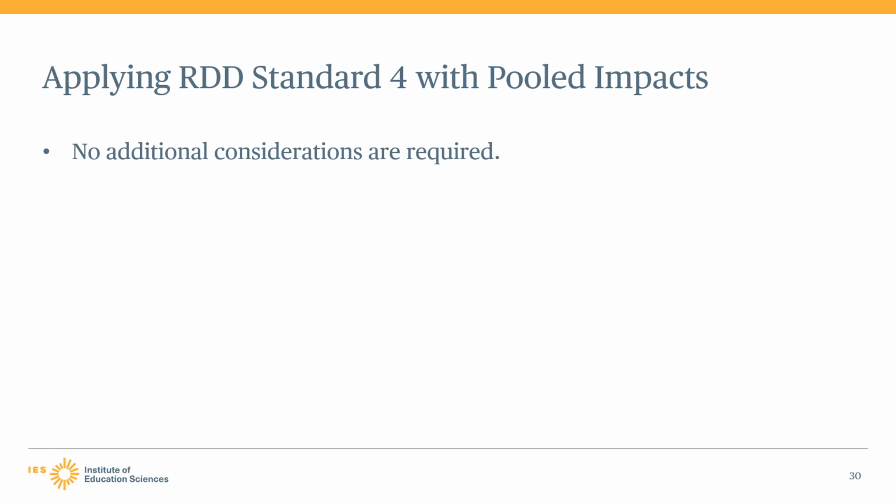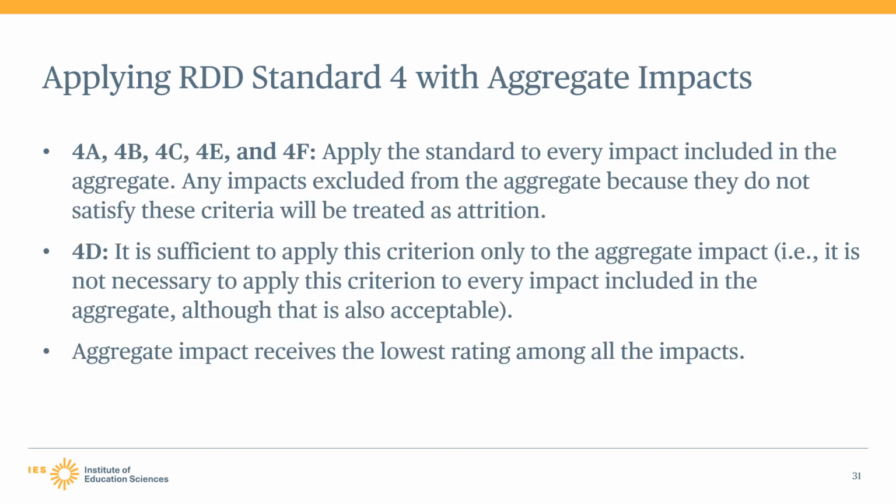When reviewers assess RDD Standard 4 for RDDs reporting pooled impacts, there are no additional considerations needed. However, when RDDs report aggregate impacts there are a few additional considerations needed when reviewers are assessing RDD Standard 4.